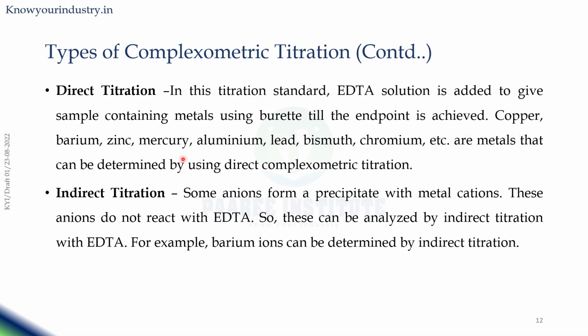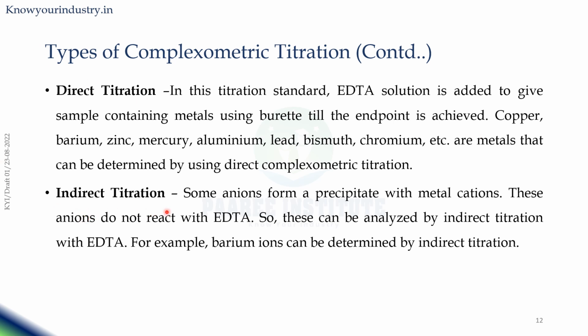Copper, barium, zinc, mercury, aluminum, lead, bismuth, chromium, etc. are metals that can be determined using direct complexometric titration. So we are directly adding EDTA solution from the burette to the sample containing metals till the endpoint is achieved. So this is direct titration.